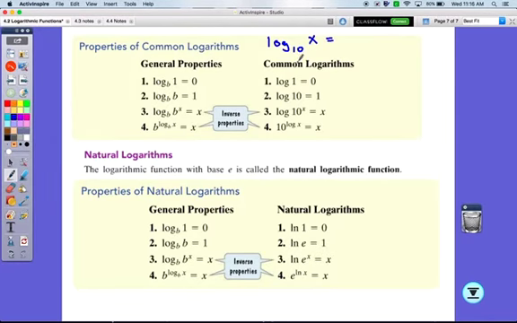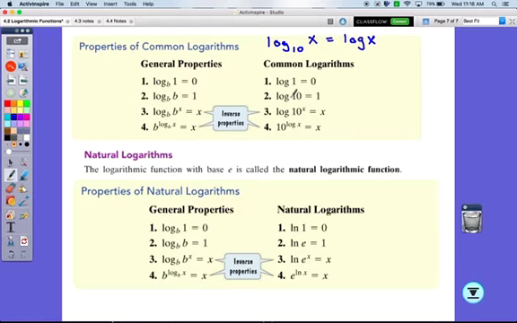Since base 10 pops up a whole lot in math, because our number system is a base 10 system, we count by tens and hundreds and thousands as our place values, a lot of times we'll just see it written as a log with no base. It's called our common log.